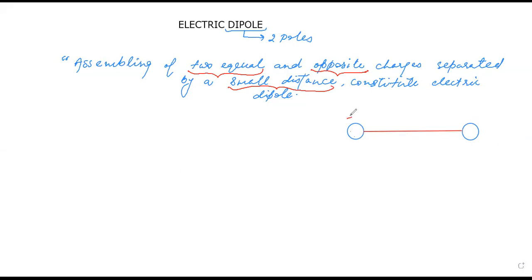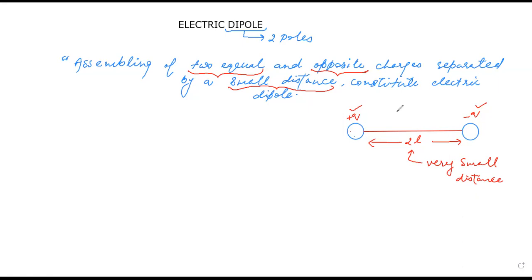This is your plus Q charge and this is your minus Q charge. The separation between them is 2L, which is a very small distance. The magnitude of both charges is the same and the nature is opposite. Then they constitute a dipole. Are you clear? All of you are understanding or not?